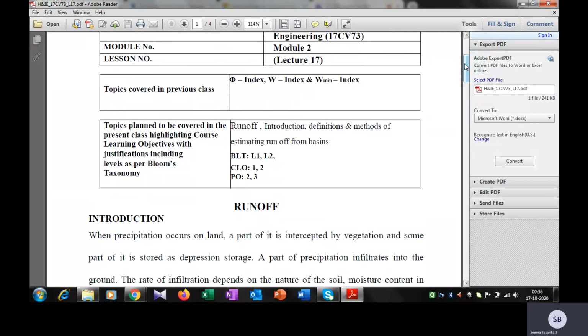And the topics to be covered in this particular session will be on runoff, introductions to runoff, definitions and methods of estimating runoff from basins.